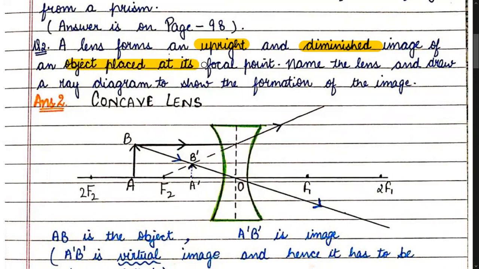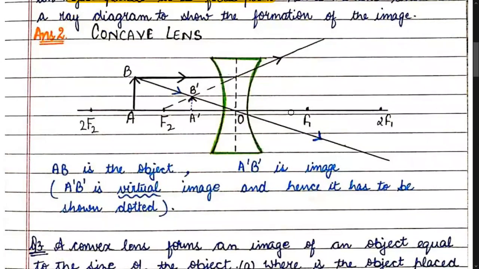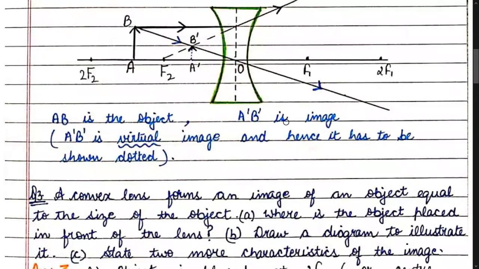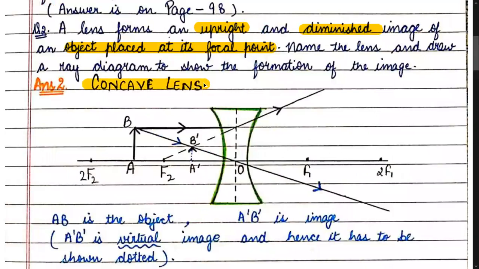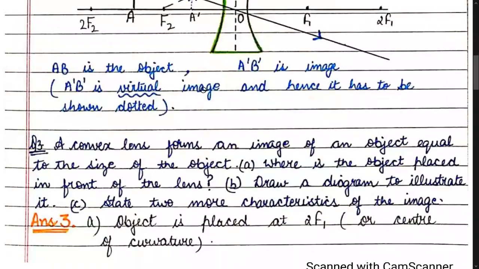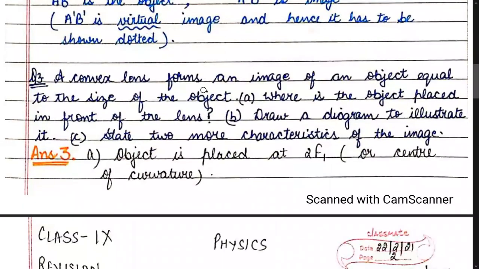So the object is placed at focal point. Name the lens and draw a ray diagram to show the formation of the image. So the lens is a concave lens, and then you draw the ray diagram to form a virtual image.